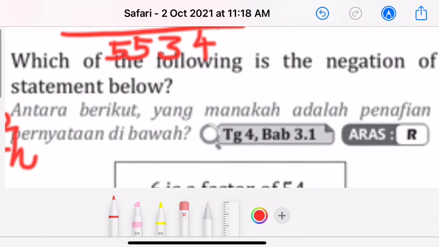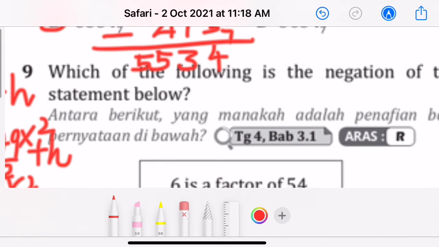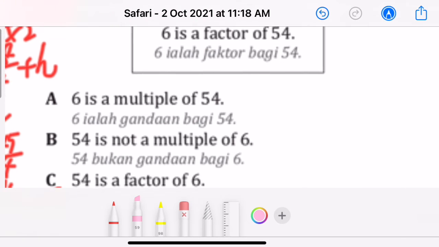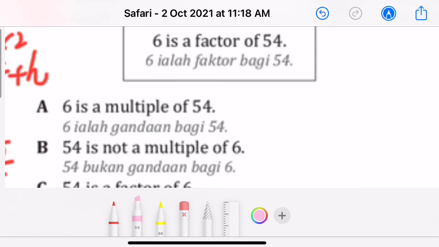Okay, question number 9. Which of the following is the negation of the statement below? Negation means that we change from true to false or from false to true. We change the truth of the statement. So 6 is a factor of 54. Is 6 times 9 true, right?